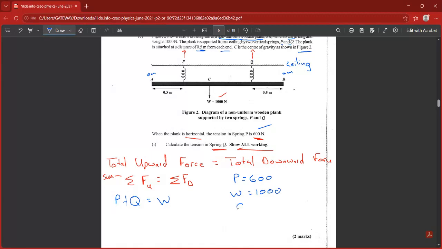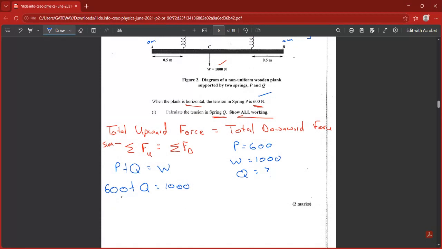We do not know Q. We're trying to solve for Q. So replacing P with 600, we have 600 plus Q is equal to 1000, which is W. Carry across the 600, you're going to get Q equal to 1000 minus 600.